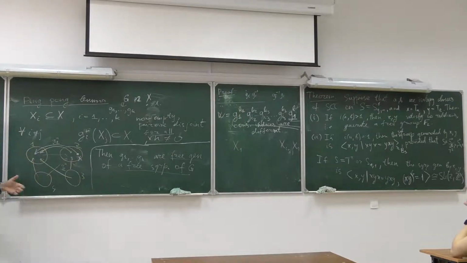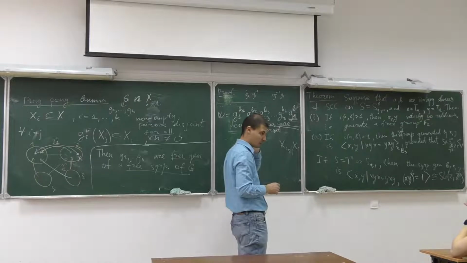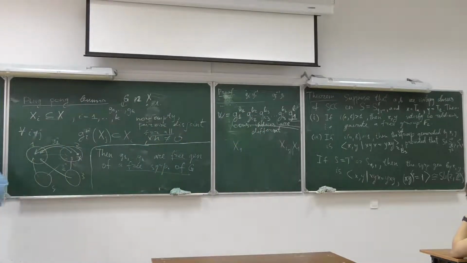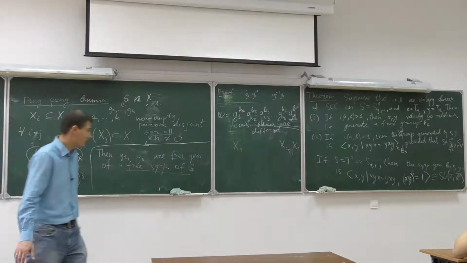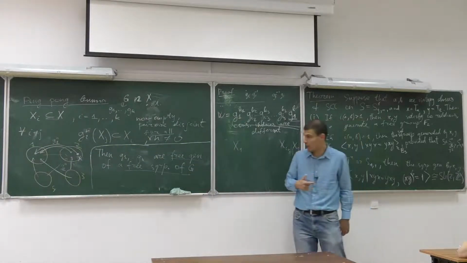Okay, we have a contradiction. So this element is non-trivial. This is not a relation. So we see that there are no relations in this group, and this is actually a free group. So the lemma is very easy, but very useful.